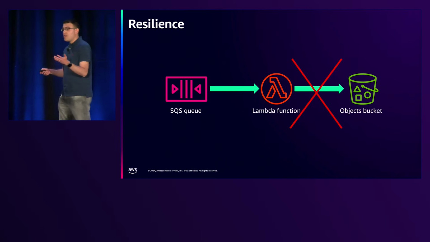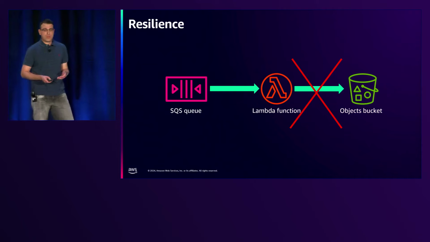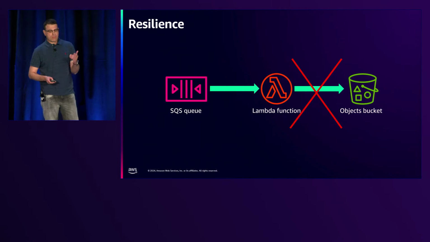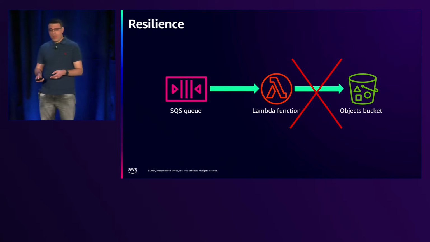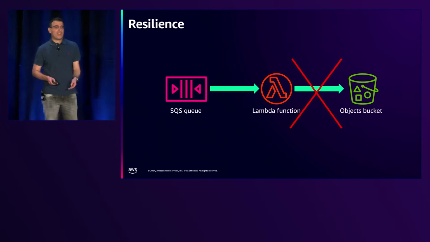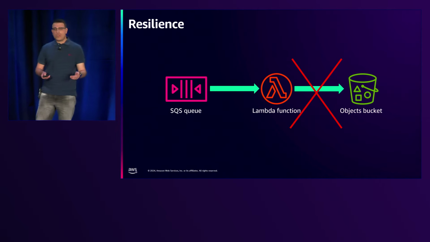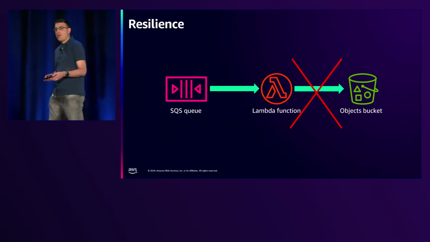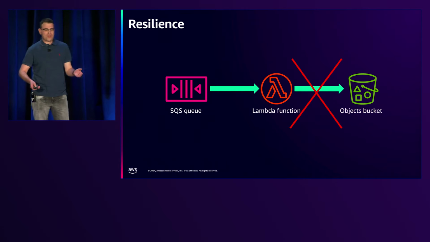For example, S3 might be down momentarily, or the more common issue is that we have a bug in our Lambda function code. In this case, the entire batch of items will fail. The Lambda service will retry the Lambda function again. It's going to fail again. It's going to retry it again, and on and on and on, until at some point the retention period of the items is going to expire, and the items will get deleted forever. So not really resilient, right?